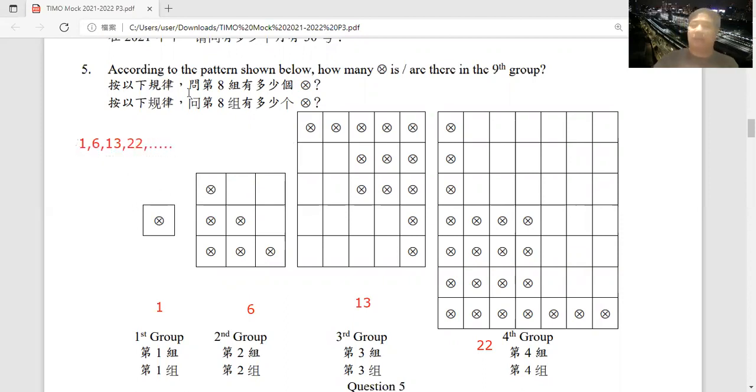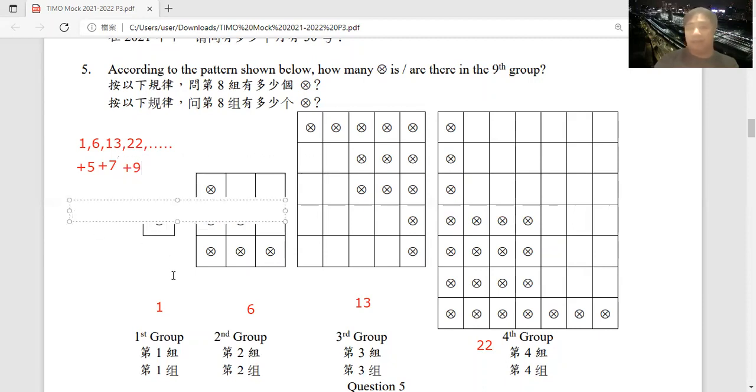Using the skill you learned in question 1, this is +5, this is +7, and this is +9. So you find that 5, 7, 9, then next is 11, 13, 15, 17, and so on.